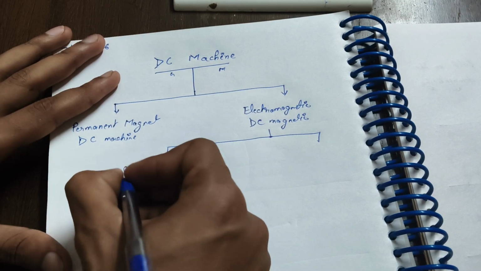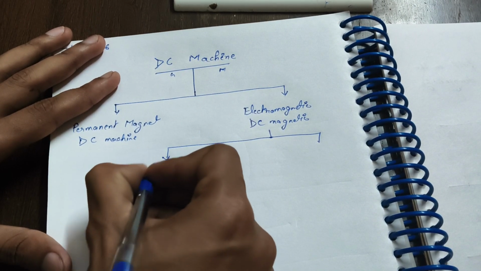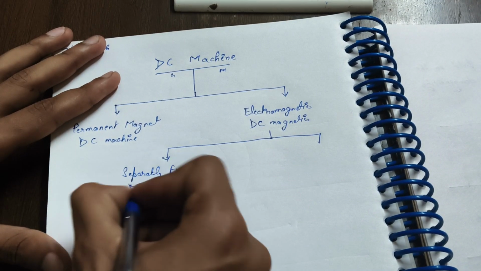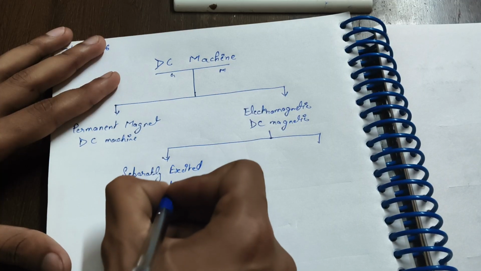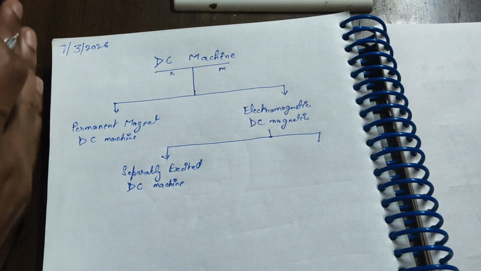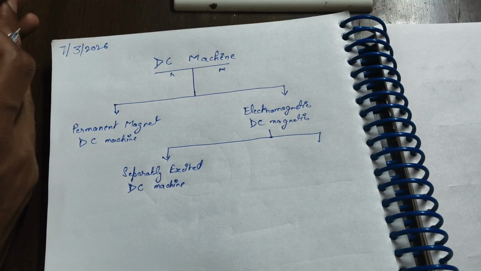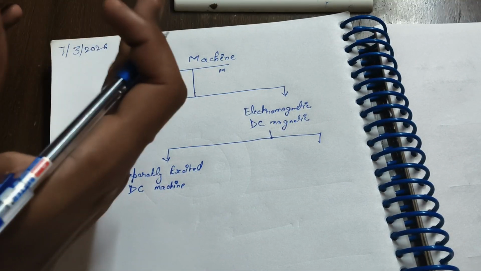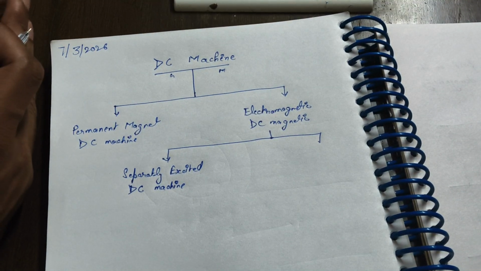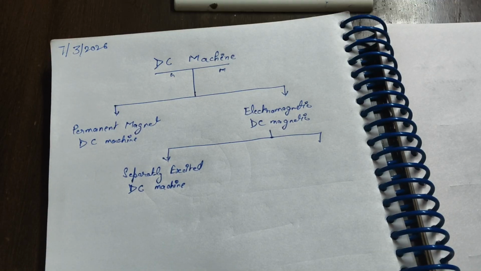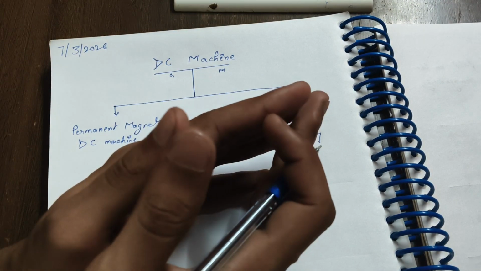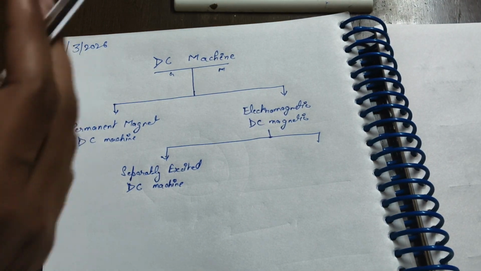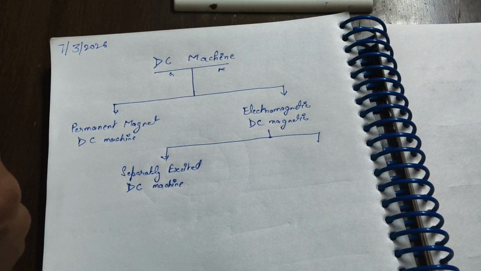The first one is separately excited. In the separately excited DC machine, the field winding is excited from a different source and the armature winding is excited from a different source, then the flux is cut by the armature conductors and the machine starts rotating.